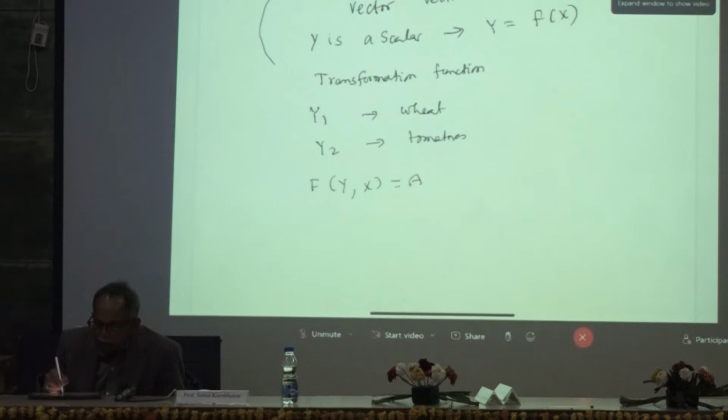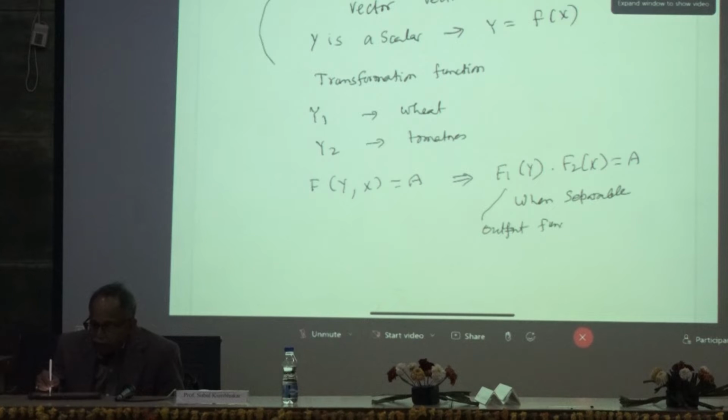So you can write this out, for example, as f1(y) times f2(x) is equal to a. We are assuming that outputs and inputs are separable. So f1 is the output function, and f2 is the input function.